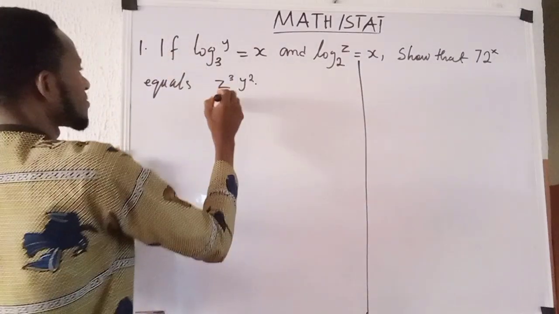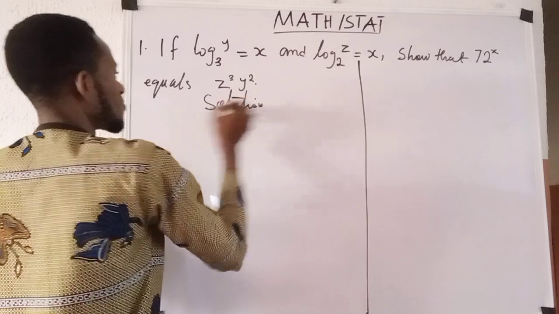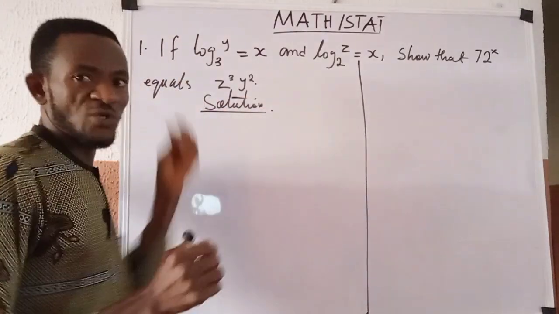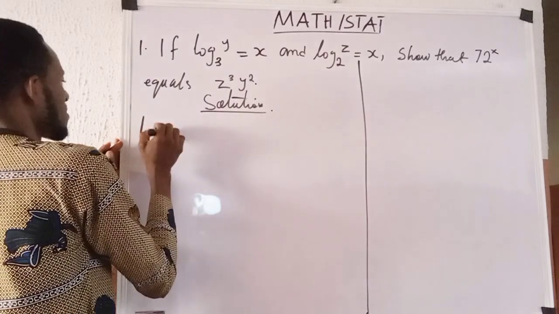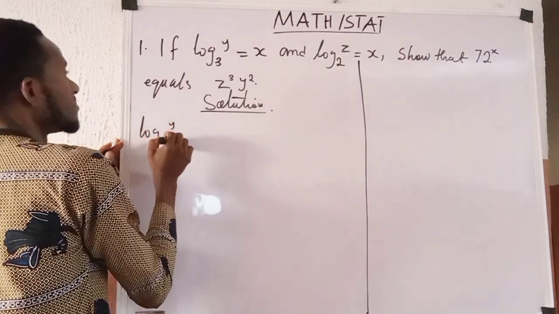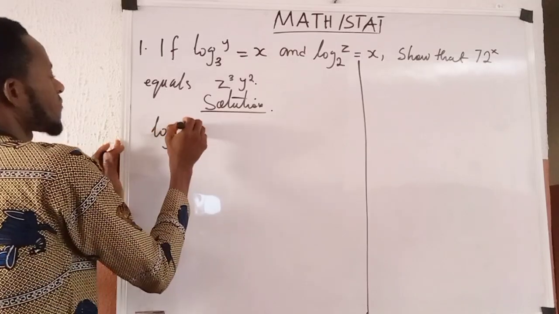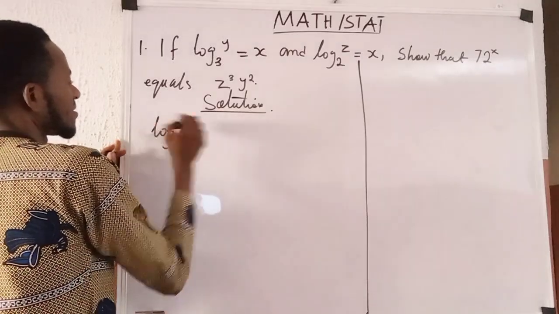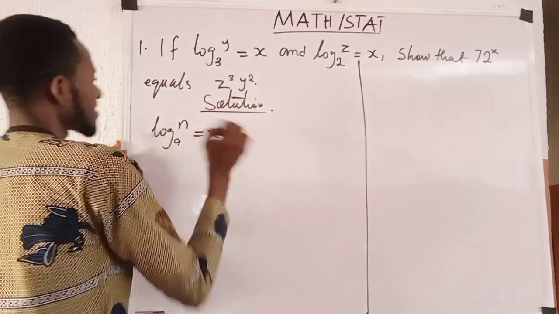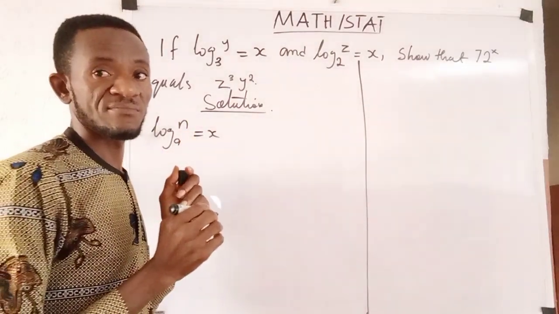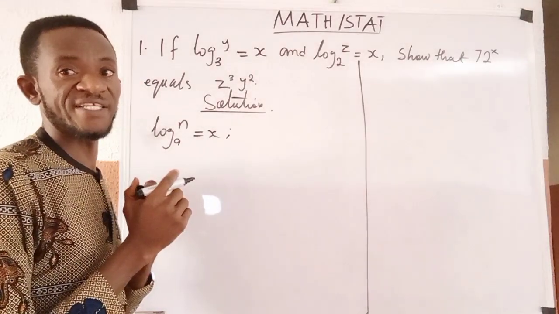And we have our solution. Of course, do remember that in logarithm, if you have something like log of N base a equals x, it is expressed like this as its equivalence in indices.